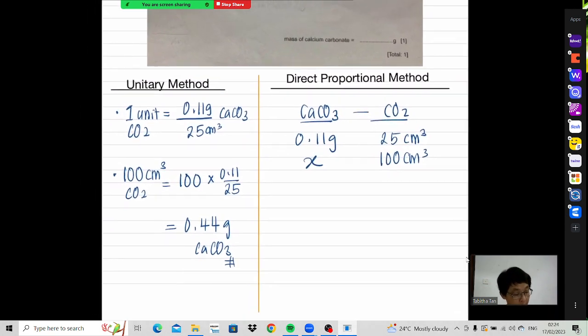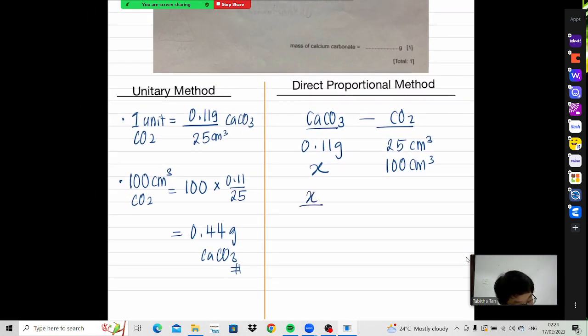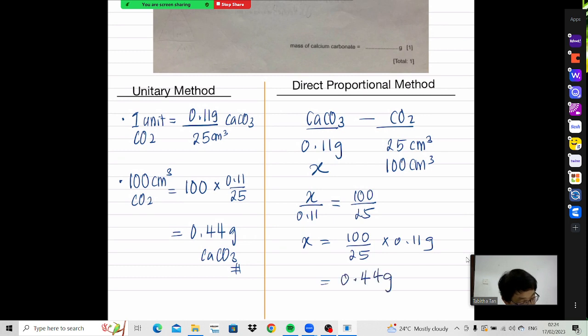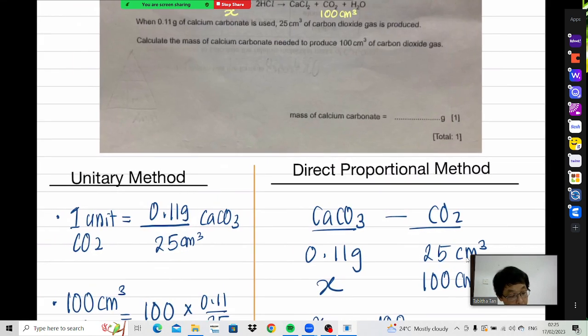Start arranging. Put X divided by 0.11 and up here 100 divided by 25, and for X, just flip that and multiply across times 0.11, and again you get 0.44 gram of calcium carbonate. So the answer here will be 0.44 gram. There you go.